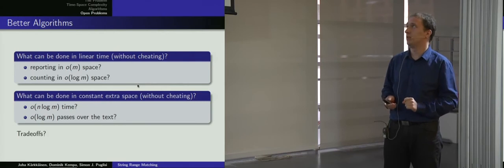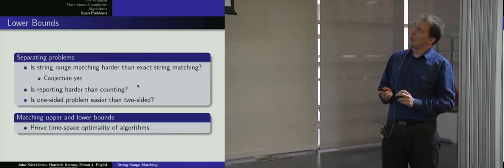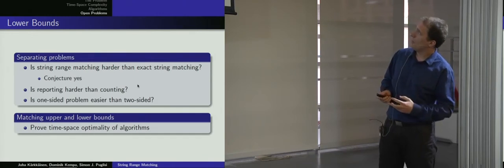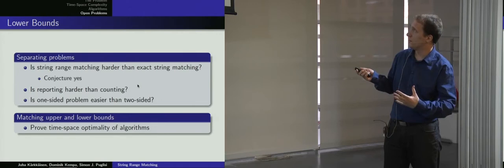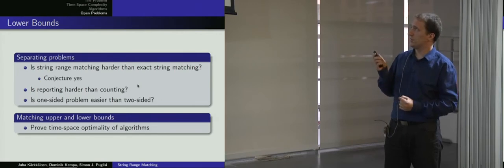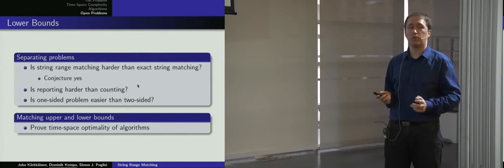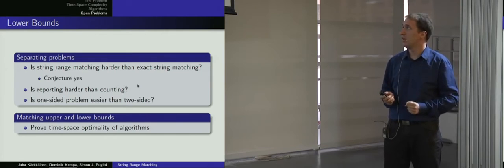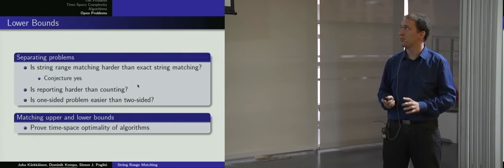Also, trade-offs would be interesting. And related to that, there are some interesting lower bounds we could try to prove. For example, is string range matching harder than the exact string matching problem? Our conjecture is that yes, we cannot solve string range matching in linear time and constant extra space without cheating.